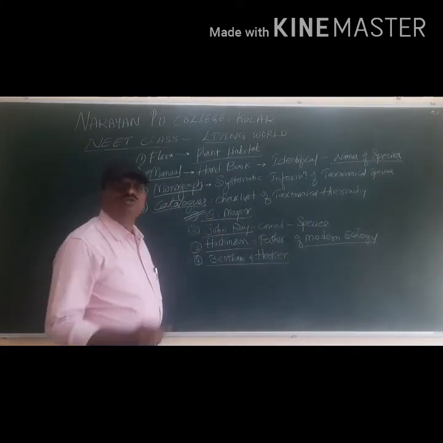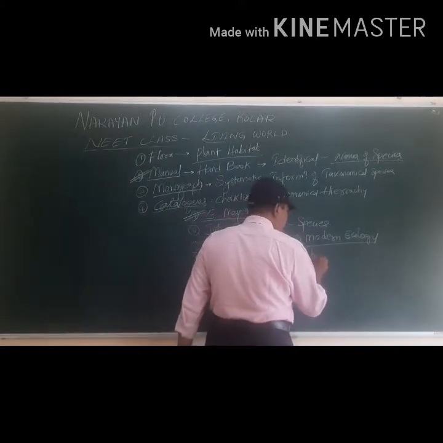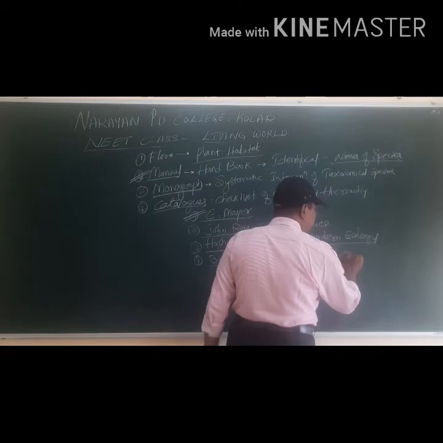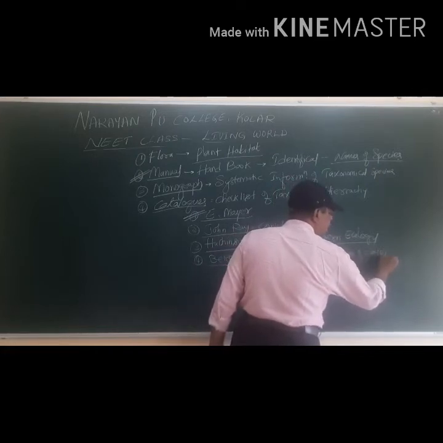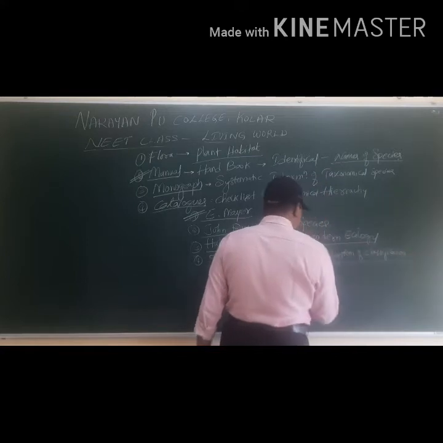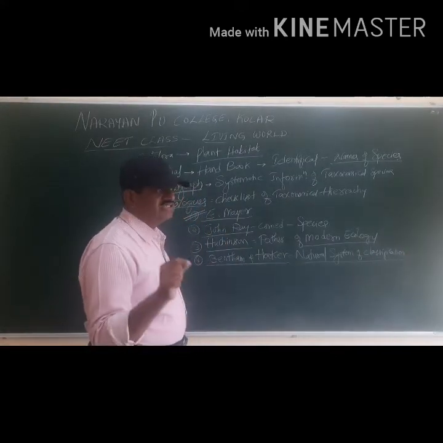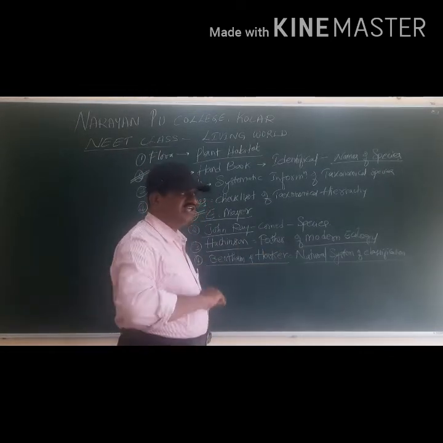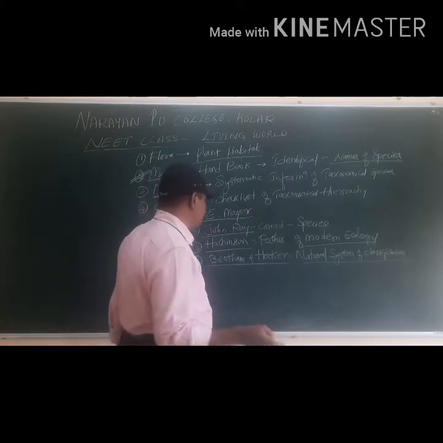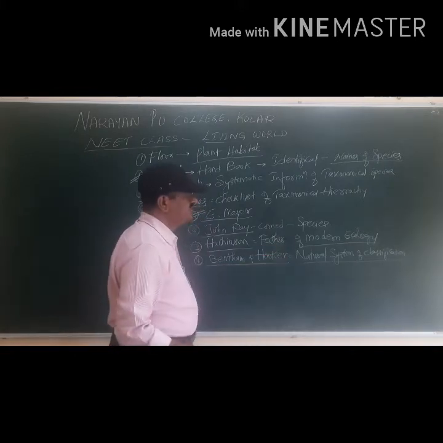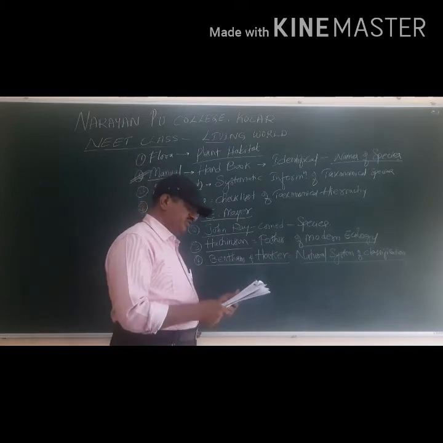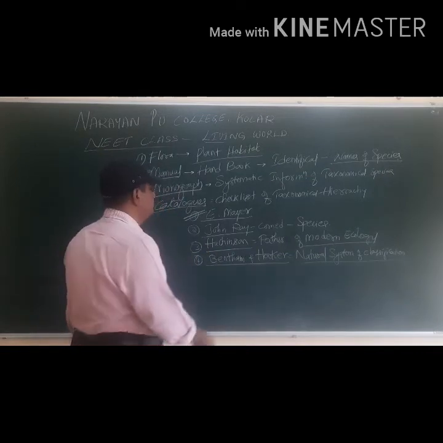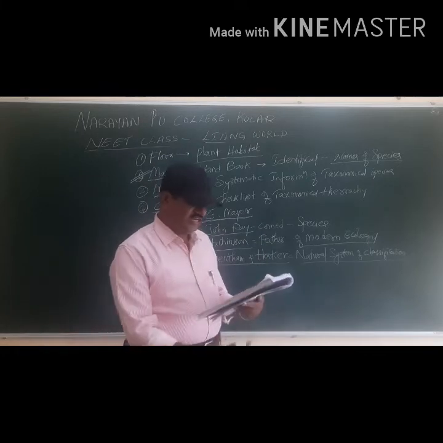These persons are famous for the natural system of classification. There are three classifications: the artificial system of classification, the natural system of classification, and the phylogenetic system of classification. Bentham and Hooker have given the natural system of classification. But here the right option is that the biological species for the first time was studied by Ernest Mayr. So the right answer is Mayr.